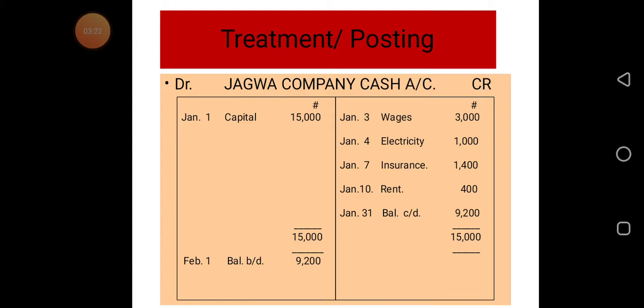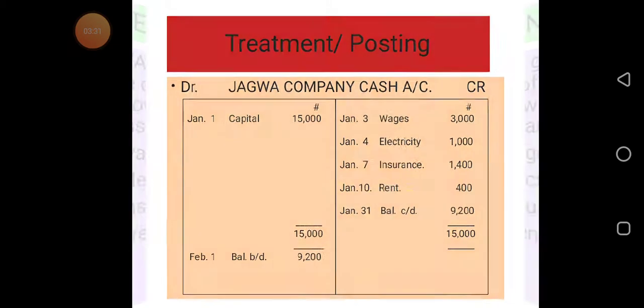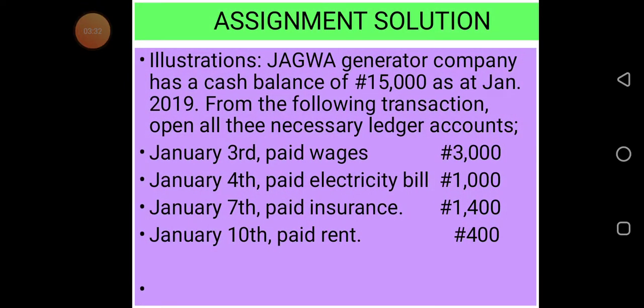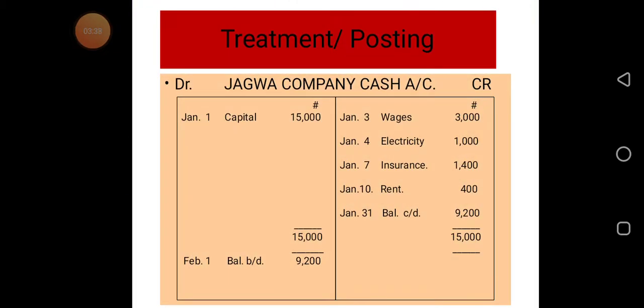In that case, we say Jaguar Company, which is a business, has a capital of 15,000 naira. Don't be surprised that in our illustration there was nothing like capital and nothing like the 1st of January. But because we see that as of January you have 15,000 naira, we know automatically that it's the capital, because without capital you cannot start a business.